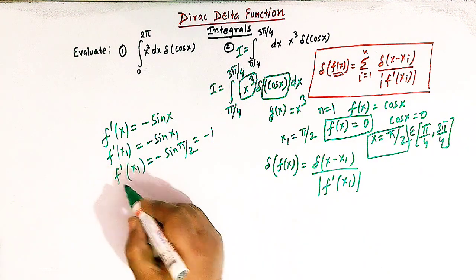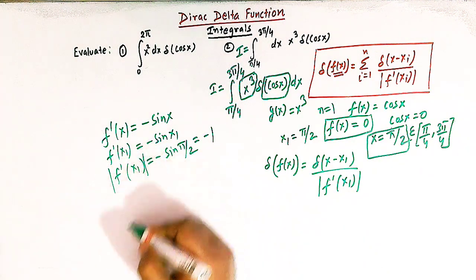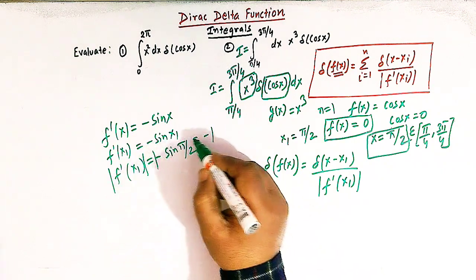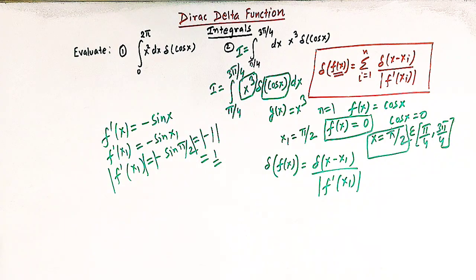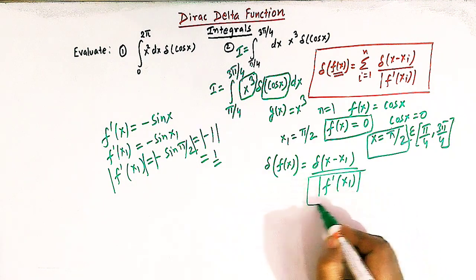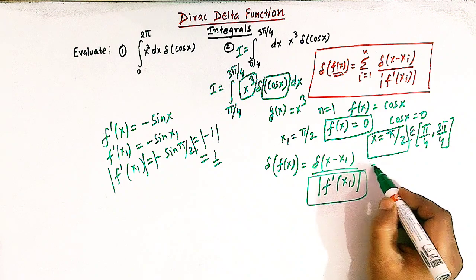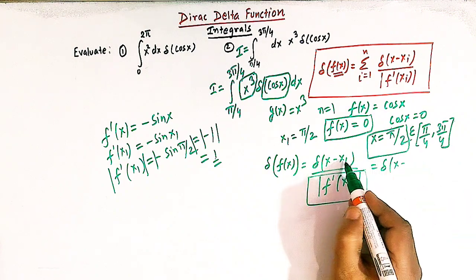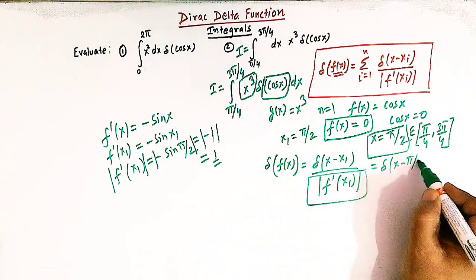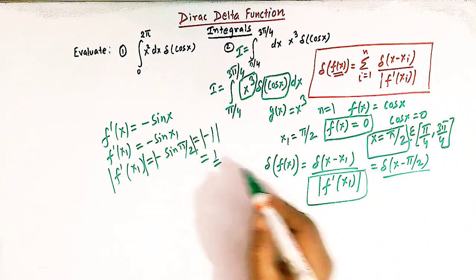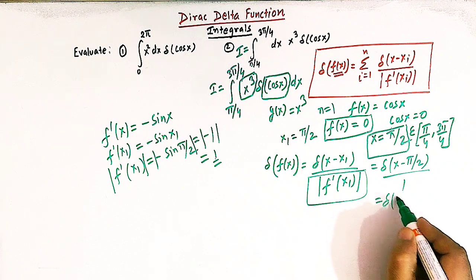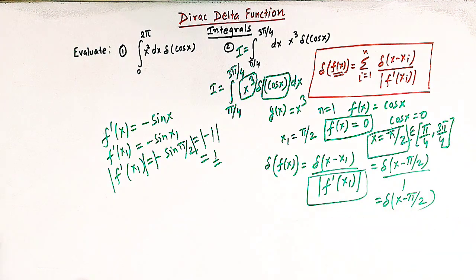Now the absolute value of f prime of x1 is simply 1. So now we have delta of x minus x1, where x1 is pi by 2, and mod of f prime of x1 is simply 1. So this is delta of x minus pi by 2.